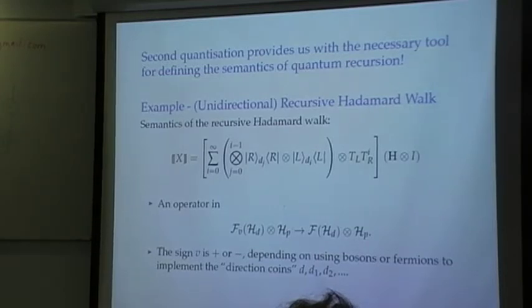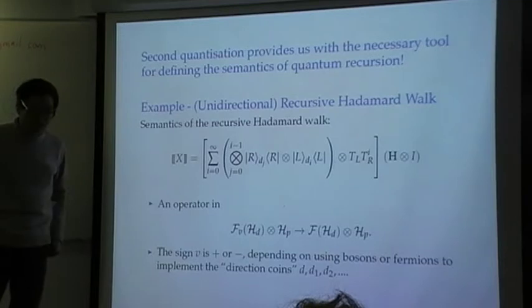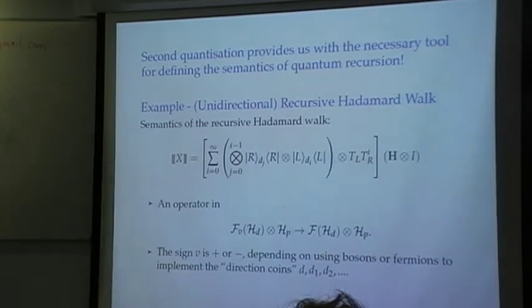In the classical case we only have one type of recursion, but in the quantum case, it's split into two types of recursion. The first one is the bosonic recursion. The second one is fermionic recursion.